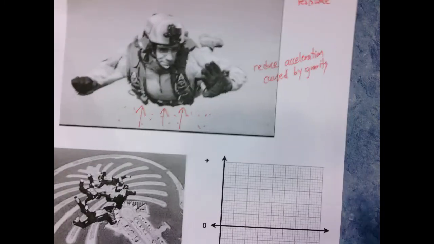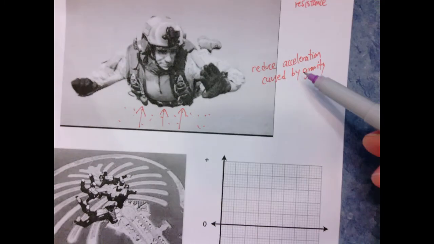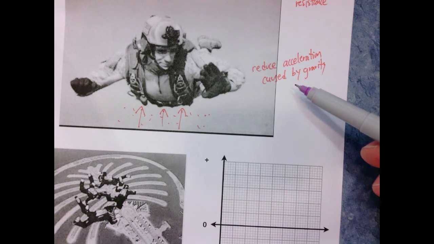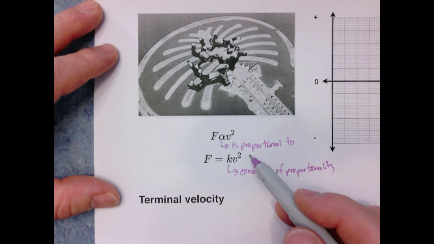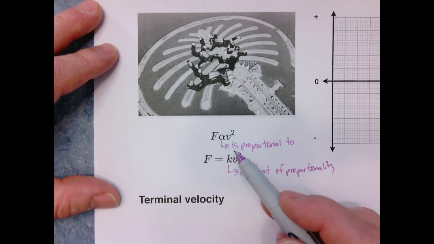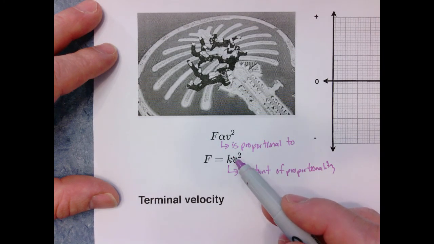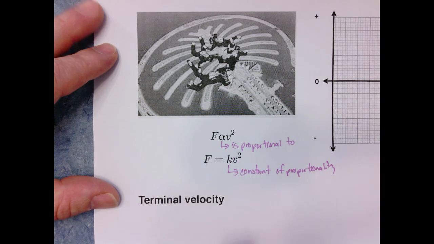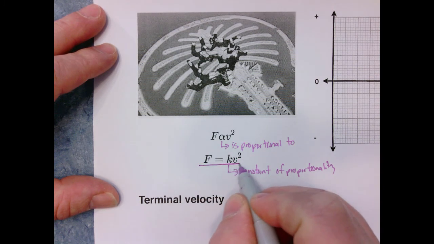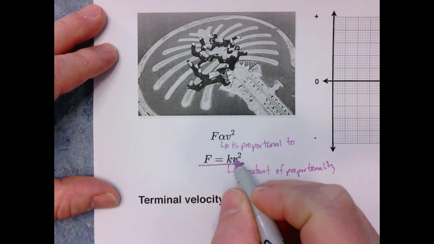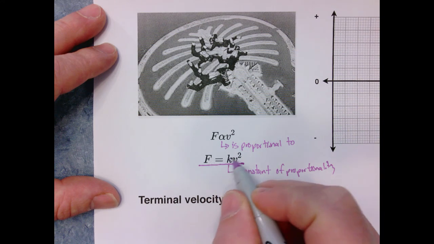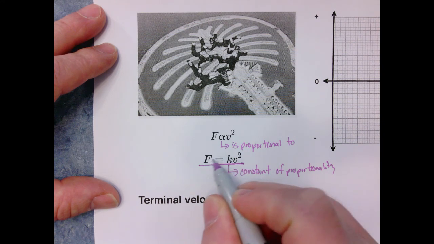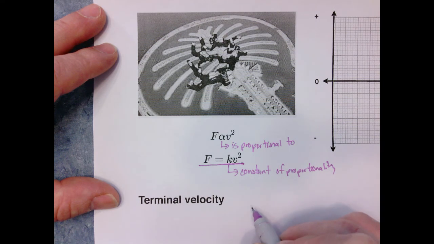So we said that the effect of air resistance is to reduce the acceleration caused by gravity. Well, that force of air resistance that reduces the acceleration increases as you go faster. It's important for us to remember in this course that that force of air resistance is proportional to the velocity squared. So when this velocity is small, the force of air resistance is small. But as this gets bigger, it has a disproportionate effect on the air resistance.